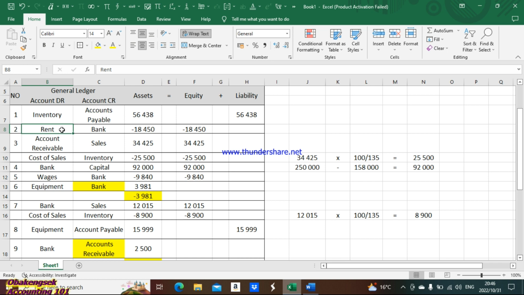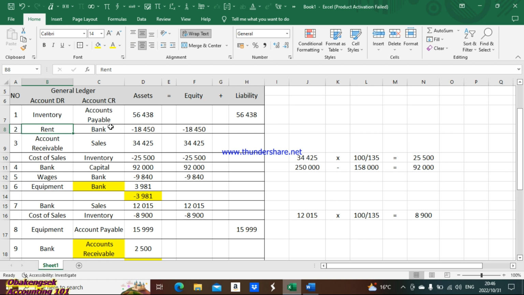But because rent expense is an expense, as I said, expenses on the debit side increase. On the credit side, they decrease. But then if you look at this on the debit side, here's our expense. See, money went out. But then we're using bank because money went out from our bank account. So it's a negative money. And then rent is also negative because they have to be equal.